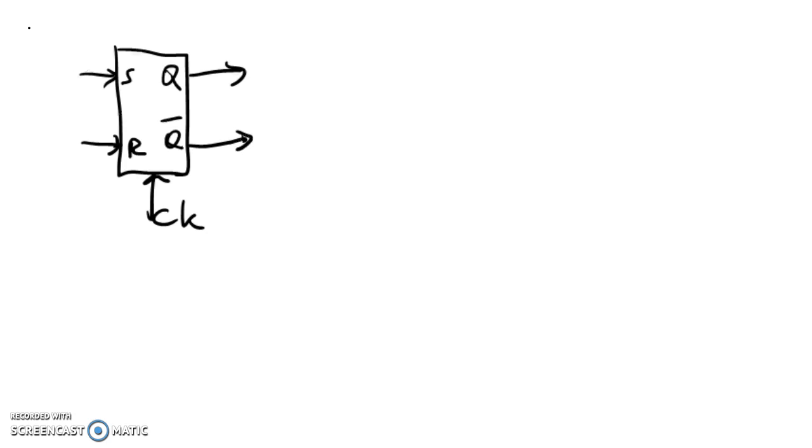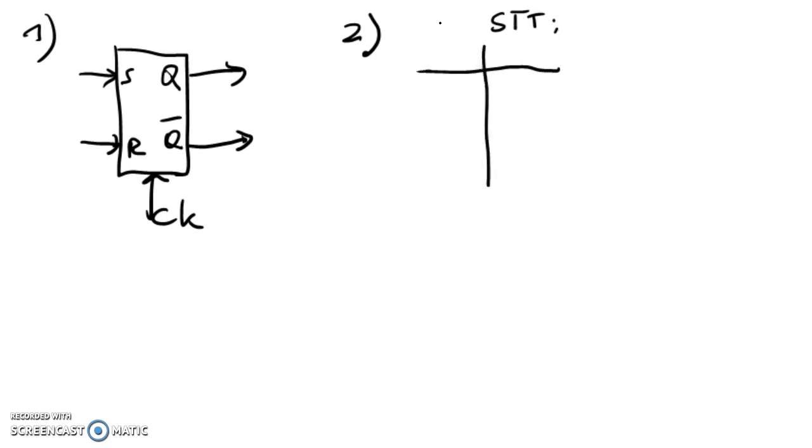There is a symbol, which is the first way to describe it. Next, how it works: the STT, state transition table, gives you a very compact description of how it works.